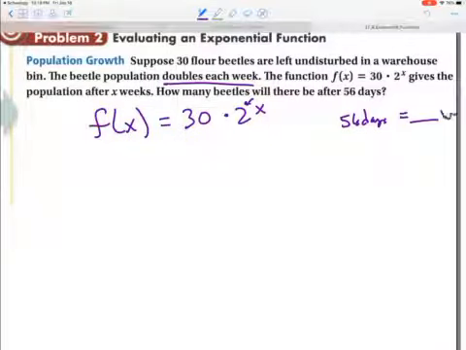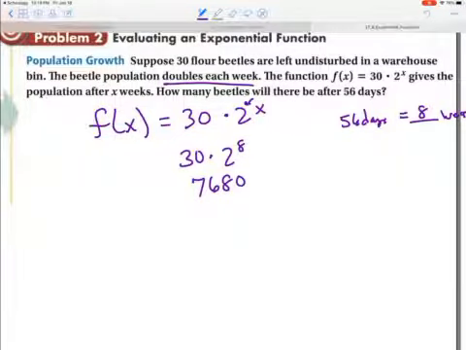To get how many weeks, we would do 56 divided by 7, which gives us 8 weeks. So I get 30 times 2 to the 8th, which gives me 7,680. 7,680 beetles after 56 days. We could say that that beetle population is definitely growing exponentially.